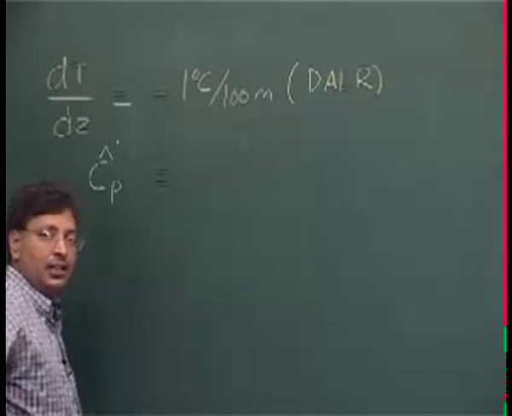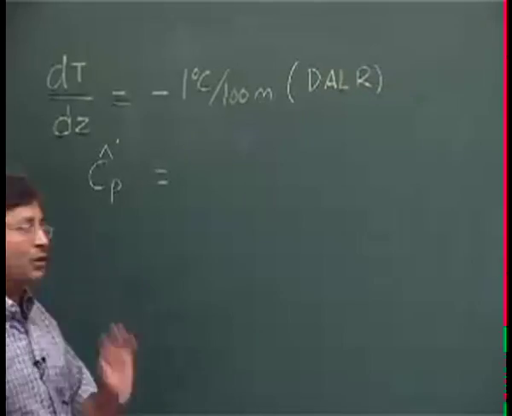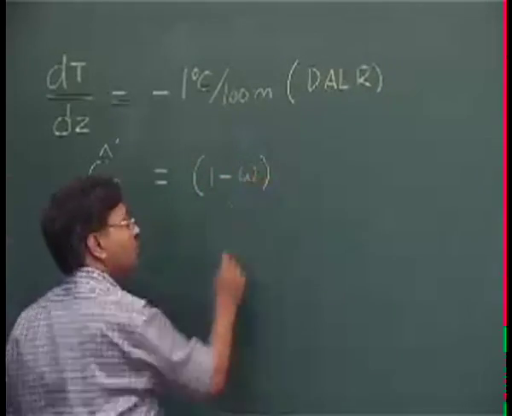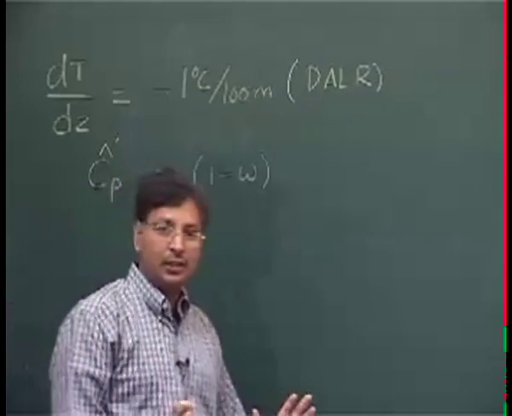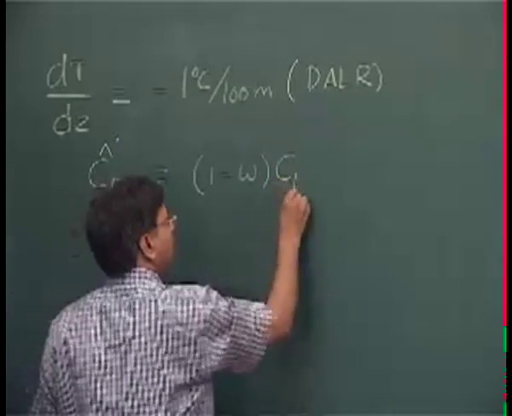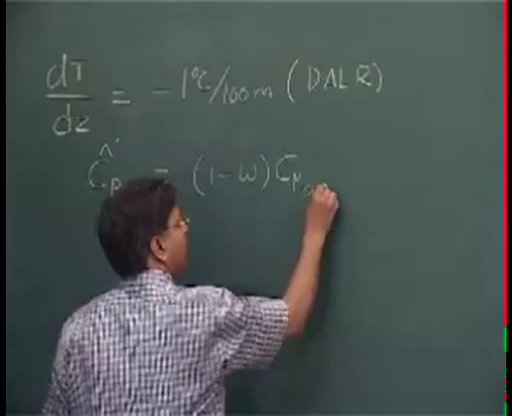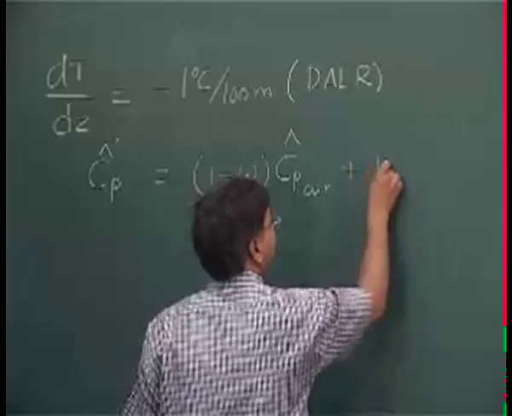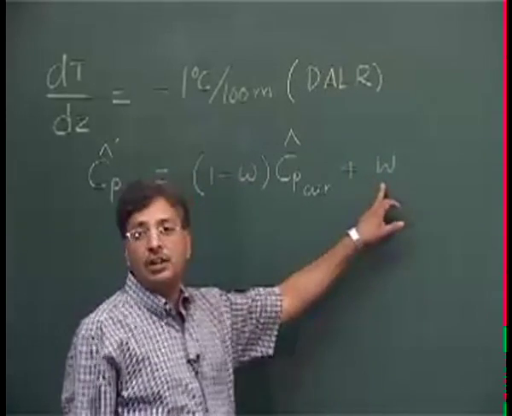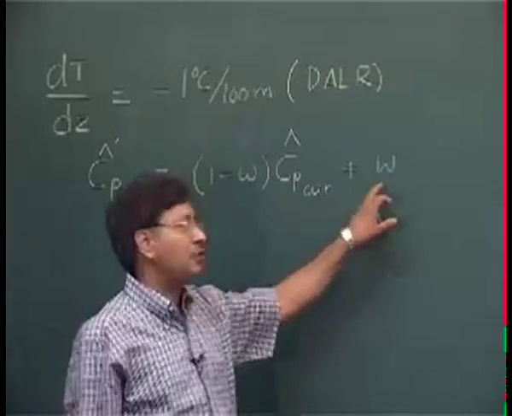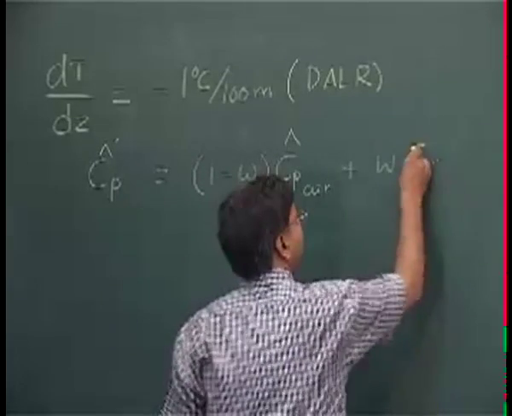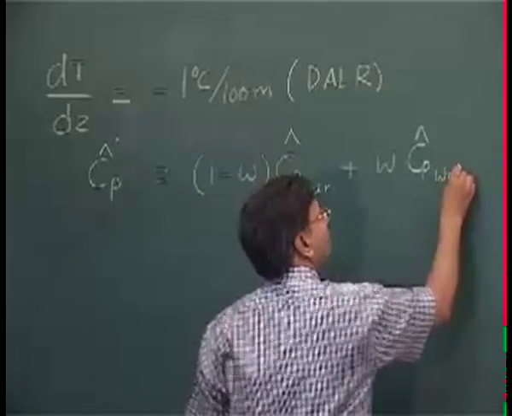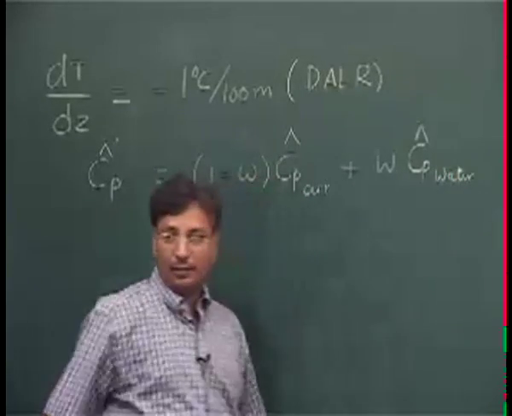The moisture content, let's say the fraction, is W. So 1 minus W is your air component, Cp hat of air, plus W, the fraction of water content in the atmosphere, times Cp hat of water, or basically water vapor.